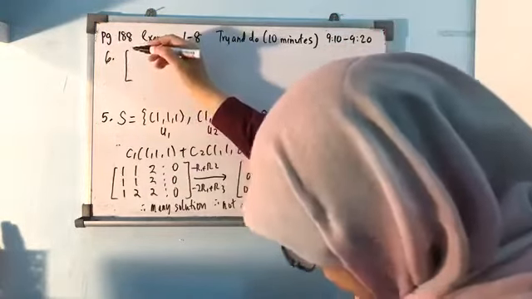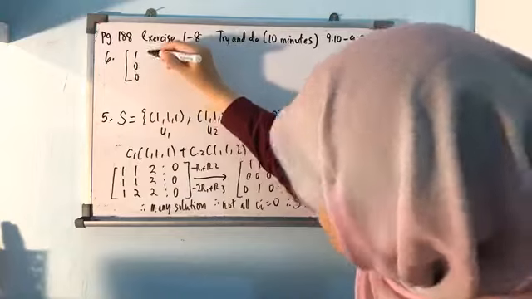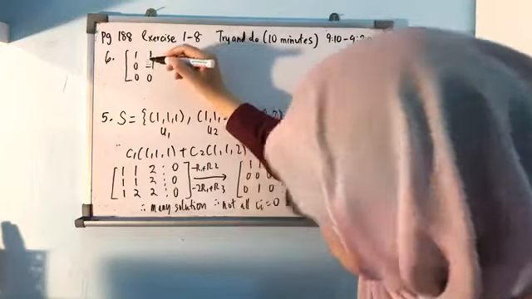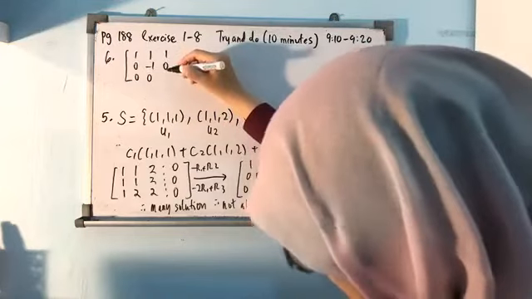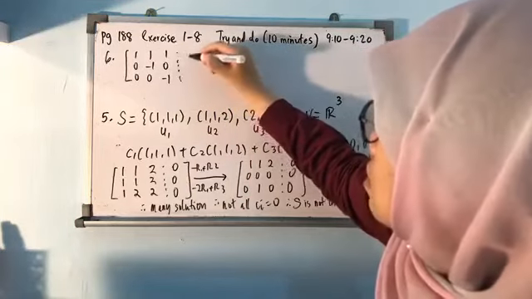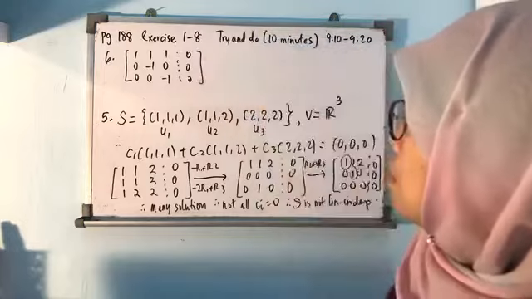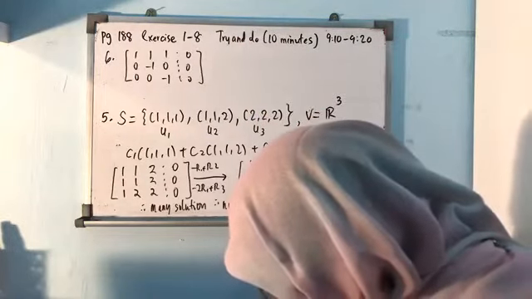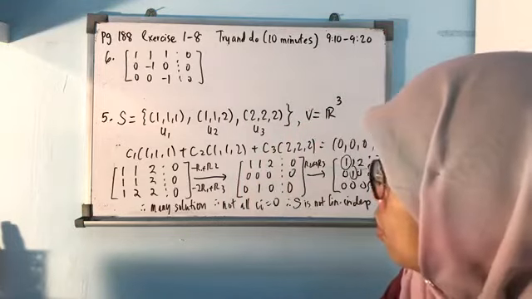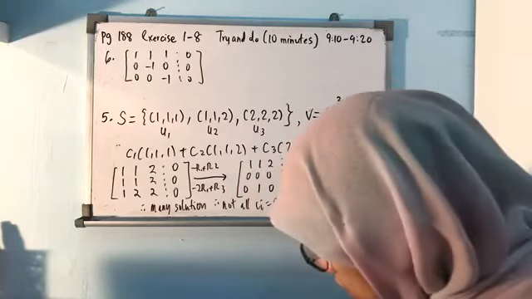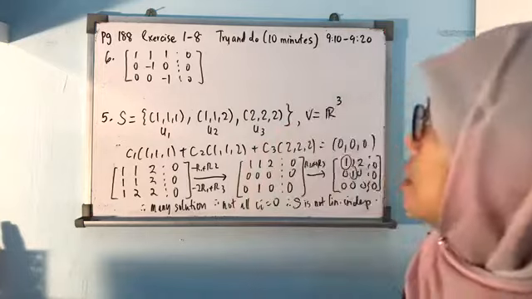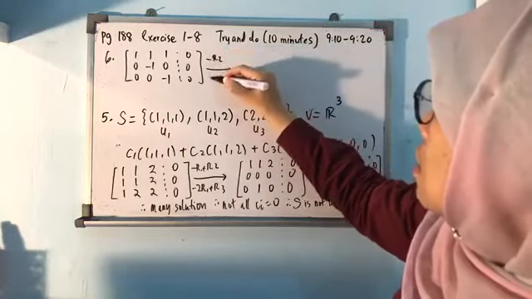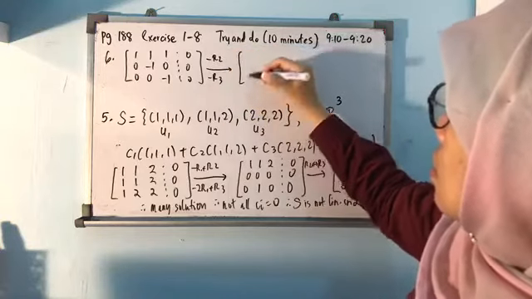Because you will get 1, 0, 0, 1, negative 1, 0, 1, 0, negative 1. So just do this.